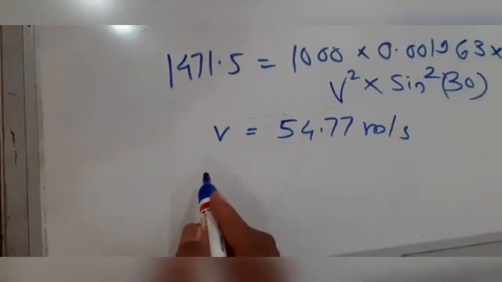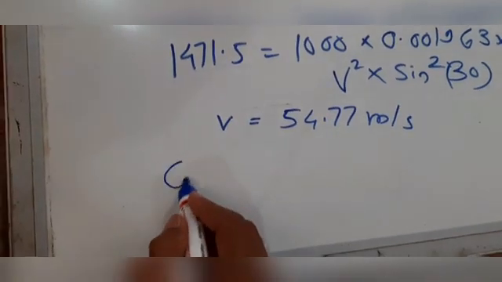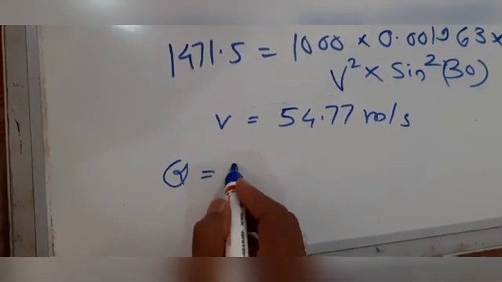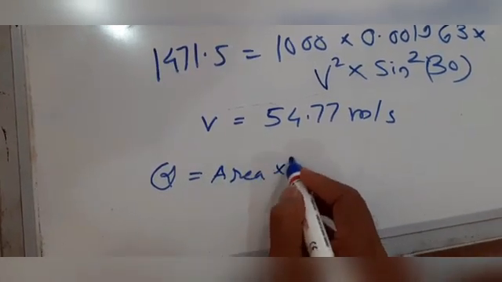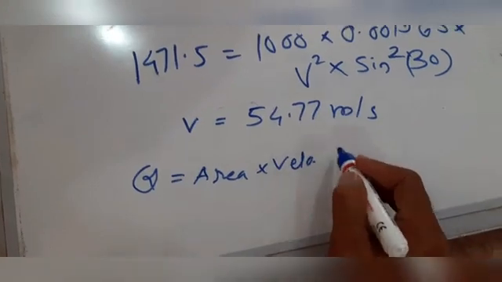And in this question we have to find the rate of flow of water. So for finding the rate of flow of water, Q equals area into velocity.